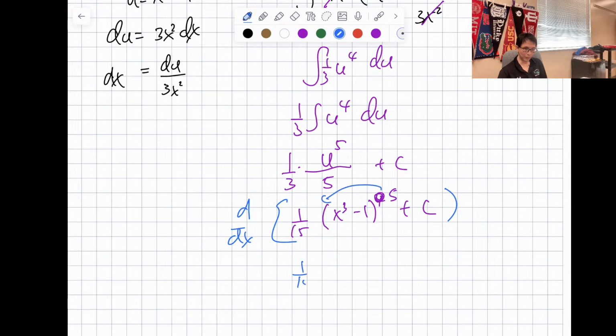So it'll be 1 over 15 times 5 times x cubed minus 1 to the 4 times what? 3x squared, and plus c is gone. So this 3 and this cancel out with this one. So it'll be x cubed minus 1 to the 4th times x squared, which is the original function.